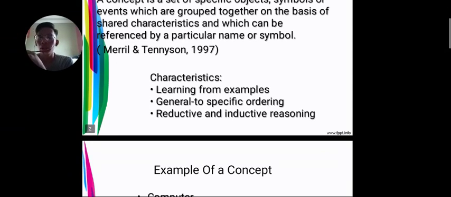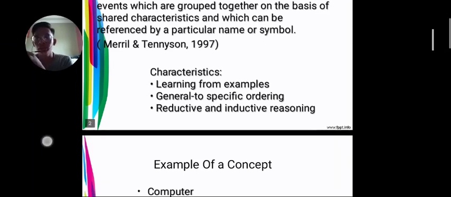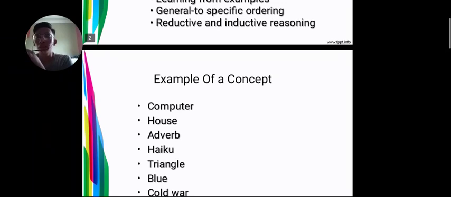Characteristics of a concept are learning from example, general to specific ordering, and deductive and inductive reasoning. Examples of concepts are computer, house, adverb, haiku, triangle, blue, cold war, play, commerce, cloud, and others.